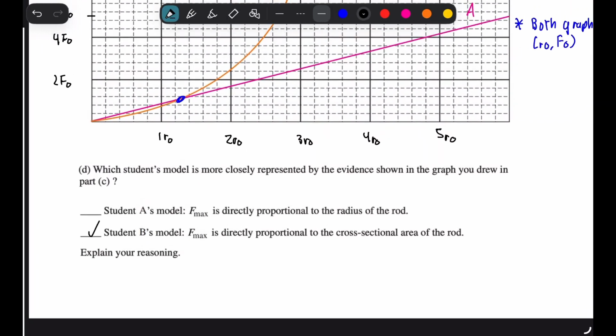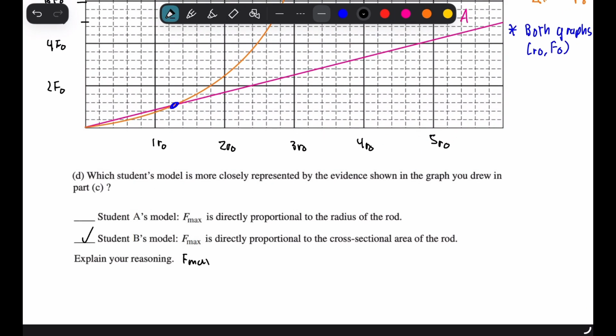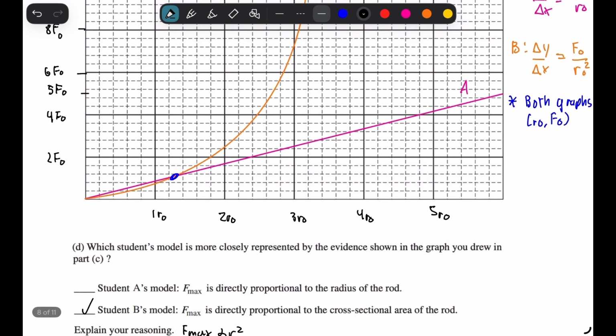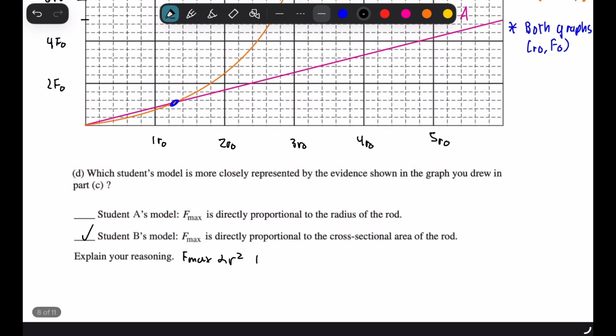Student B said that F max was proportional to R squared, and in part C, we do not have a straight line. We have that curve upward because F max does not decrease linearly.